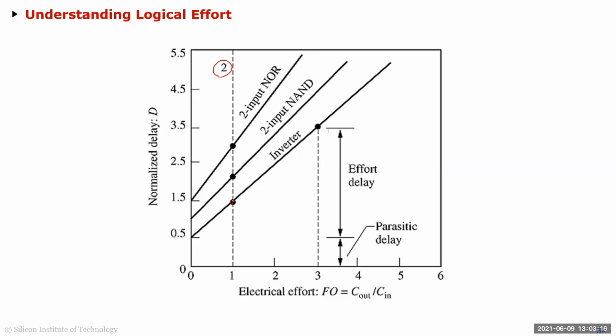You can see for a given fan out, your NAND gate is worse and NOR is even worse. And then as your fan out increases, that is, if you're driving more and more load, you can see that the NOR becomes worse and worse compared to your NAND gate, right?